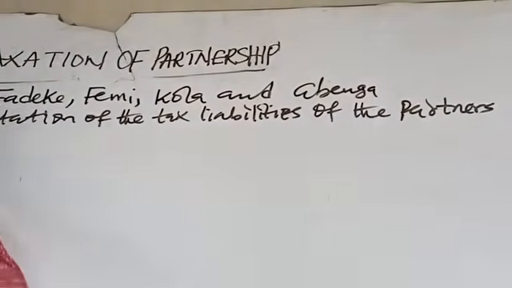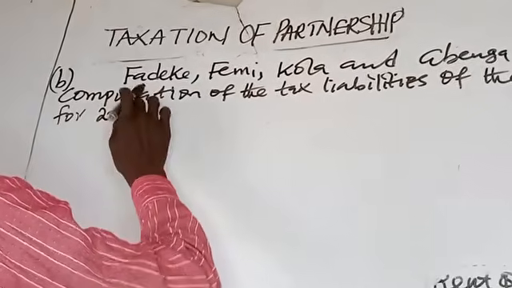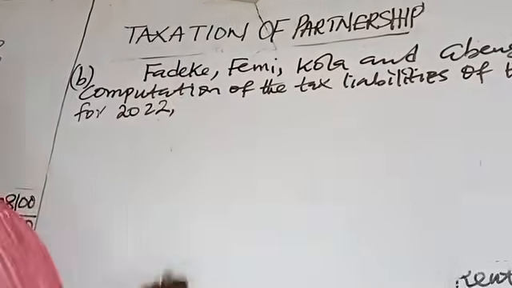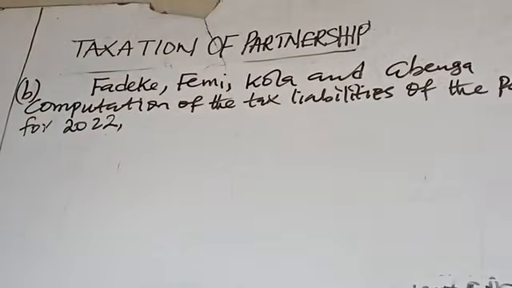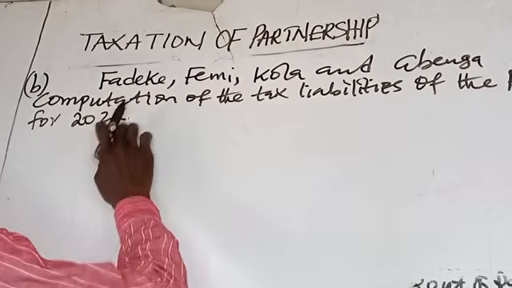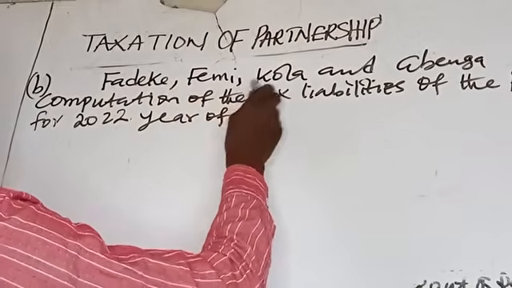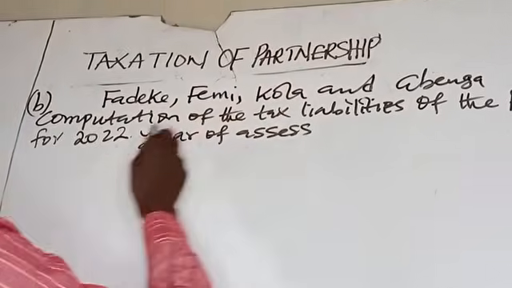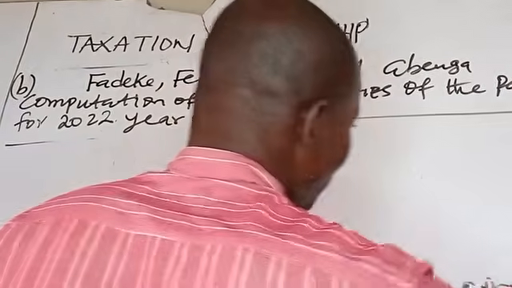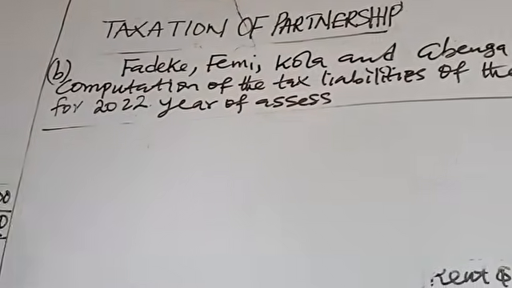for 2022, sorry. Remember, it is preceding year basis. So the year of assessment will be 2022. For 2022, year of assessment. Remember, the profit or loss we are given is for 2021. So you compute the tax liability for 2022.